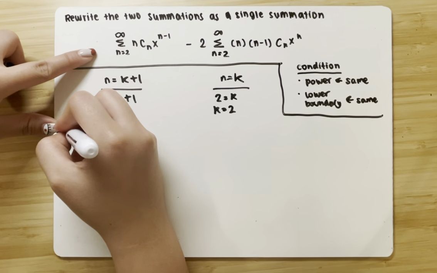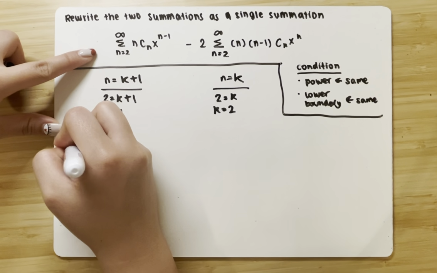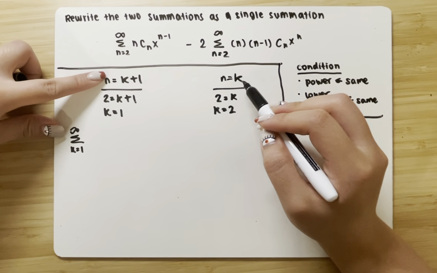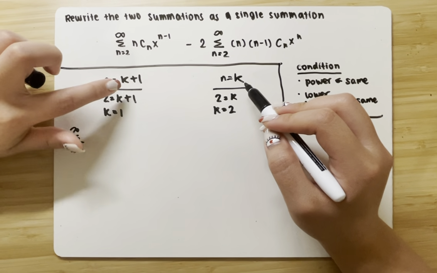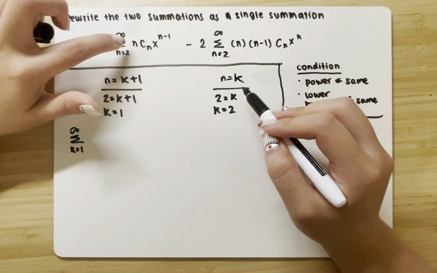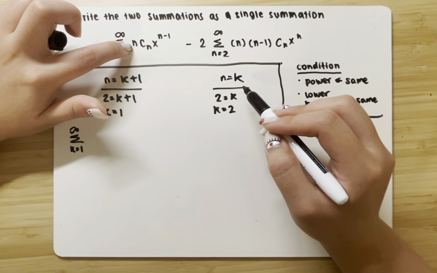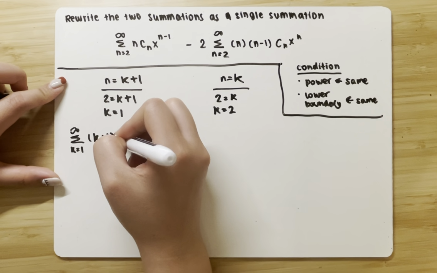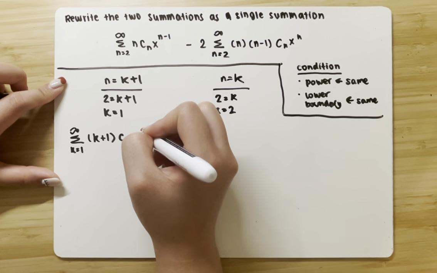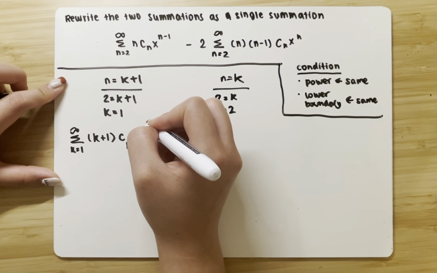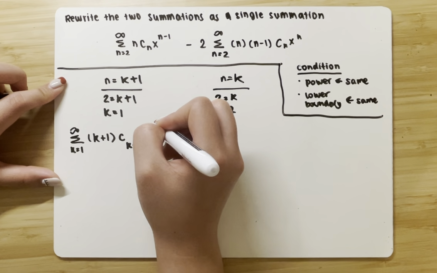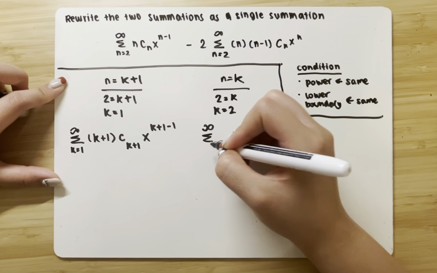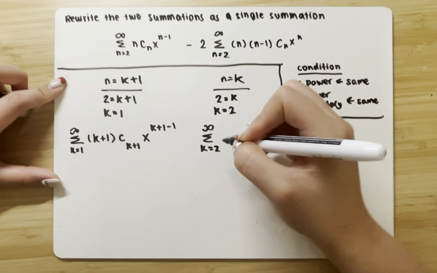So now let's rewrite the summations. k equals 1. And now, whenever you make these two substitutions, the k plus 1 will get substituted for all the values of n here. So you have k plus 1, c sub k plus 1, x to the k plus 1 minus 1, and k equals 2.